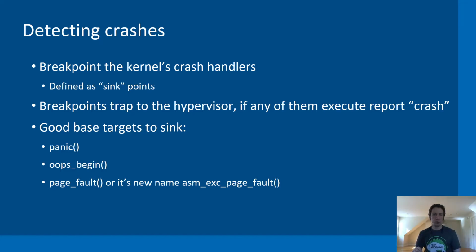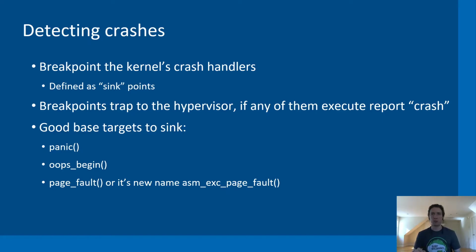As for detecting crashes, we don't just want to detect panics within the VM. The way we do detection of interesting points is by breakpointing the kernel's functions that handle various events. So for example, we can detect panics.